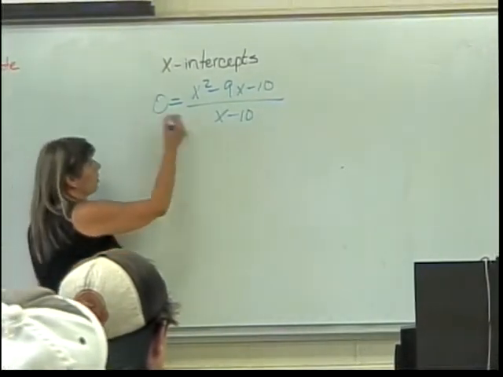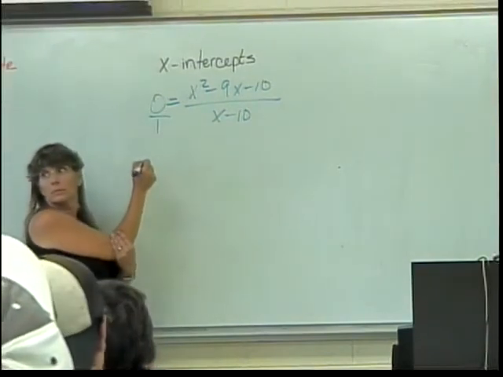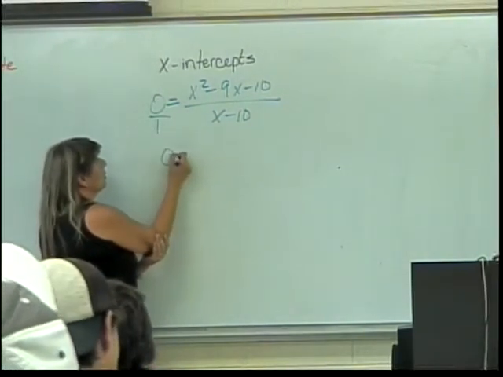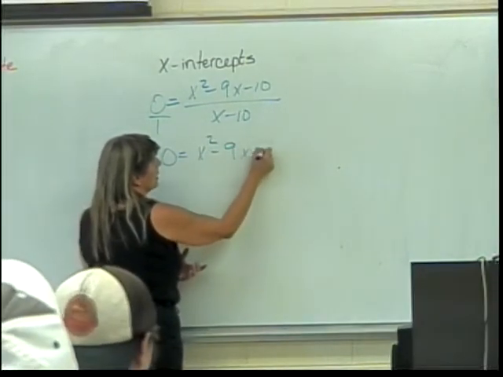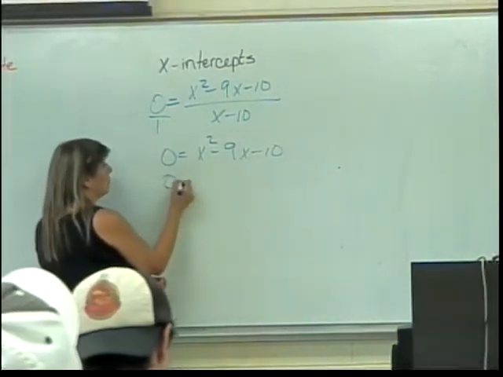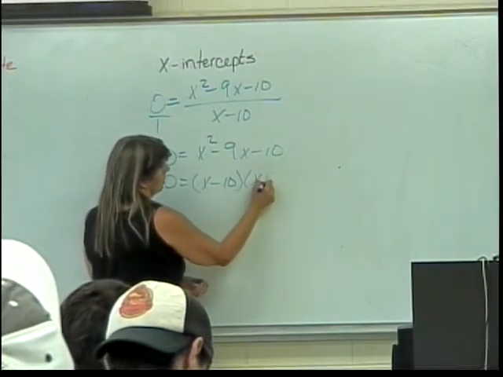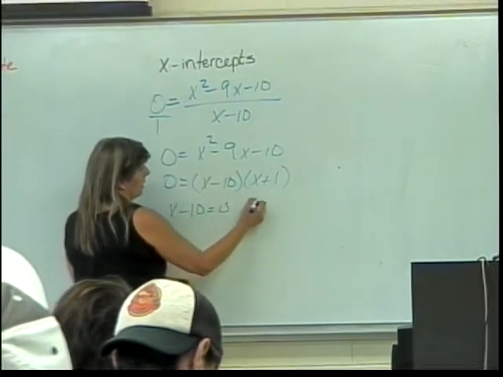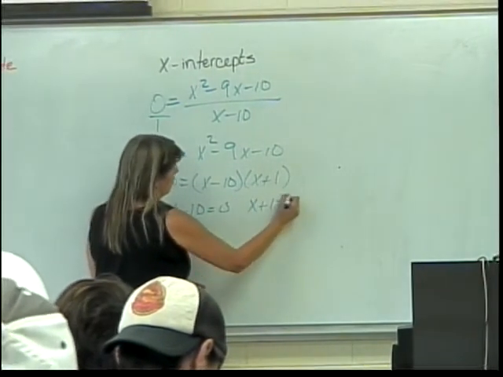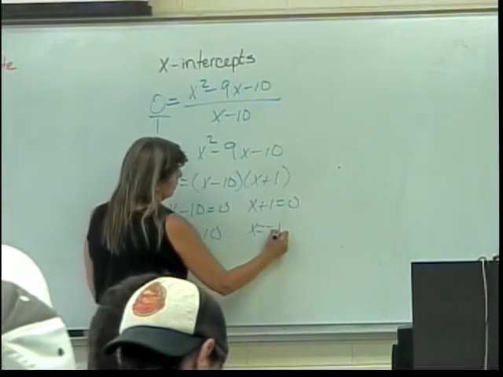Multiply both sides by x minus 10, and I would get 0 equals x squared minus 9x minus 10. Okay, so then I can factor: x minus 10 times x plus 1. So I have x minus 10 equals 0, x plus 1 equals 0. This gives me x equals 10. This gives me x equals negative 1.